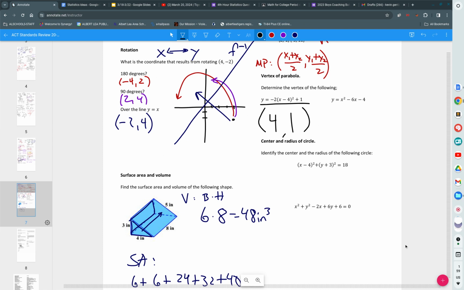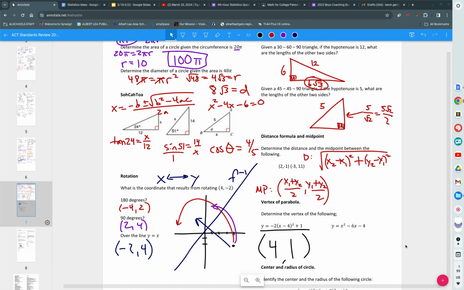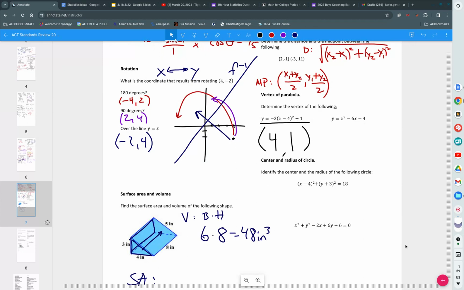The next one is not in vertex form, so you must use a formula to figure out the vertex. How do we figure out the vertex? Well, there's a formula, and that formula is hidden, as Nevaeh said, right in the quadratic formula. Just use negative b divided by 2a. So the vertex is going to be negative b divided by twice the a value.